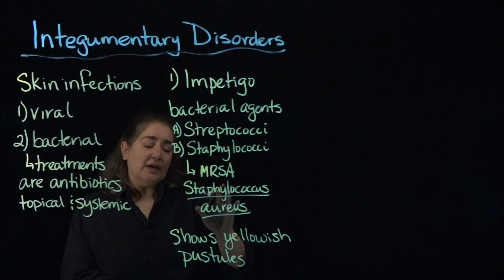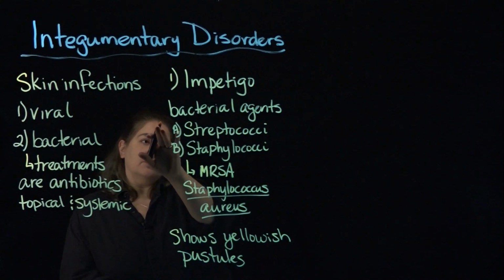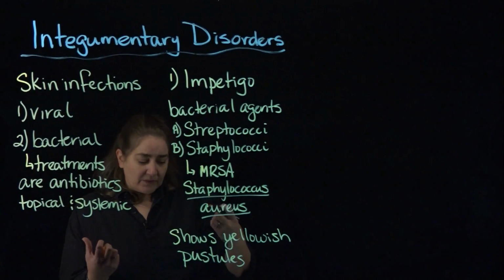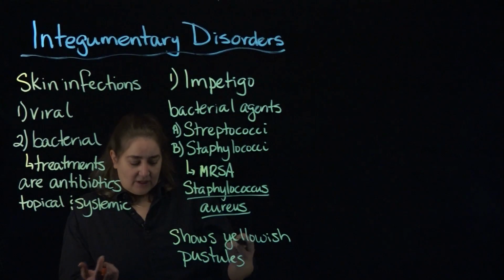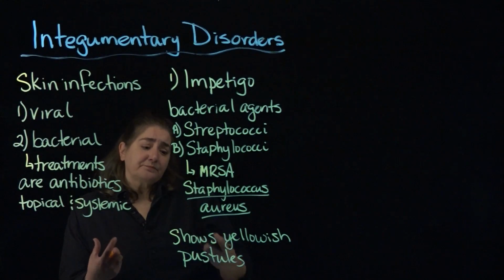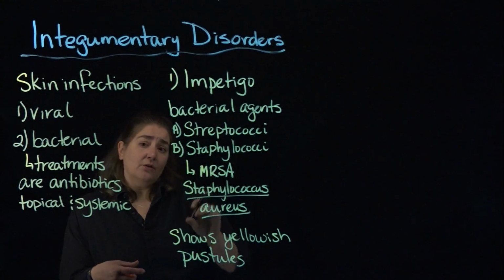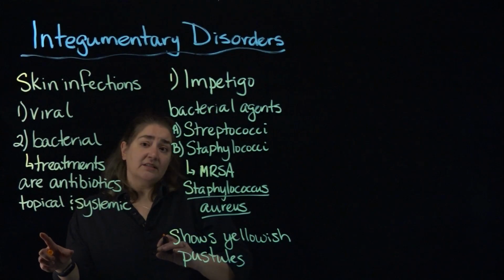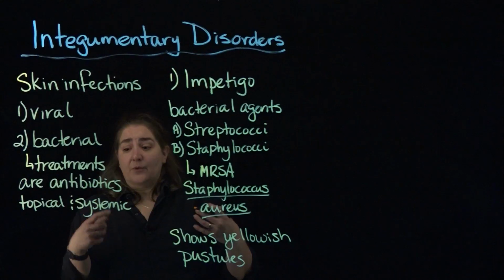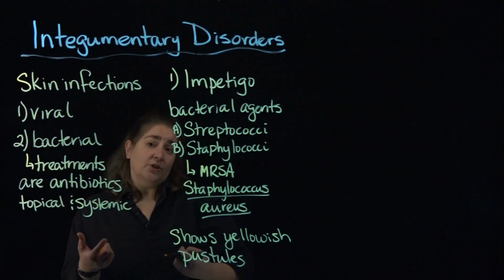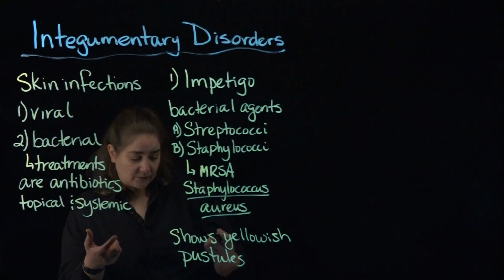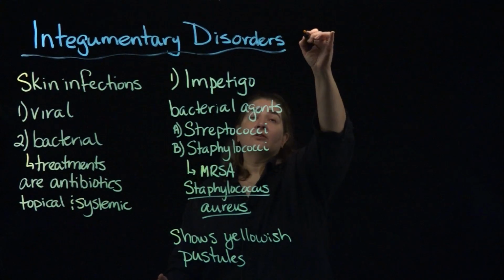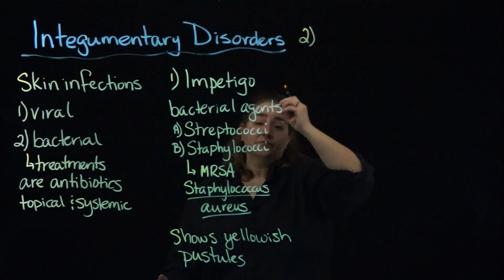Impetigo is either a strep or more commonly a staph infection beneath the layers of the skin. All right. Typically, with impetigo, it's treated with topical antibiotics unless it's a very severe outbreak. If it's a severe outbreak, then you're going to go oral antibiotics. Okay? So again, bacterial, easily treatable.